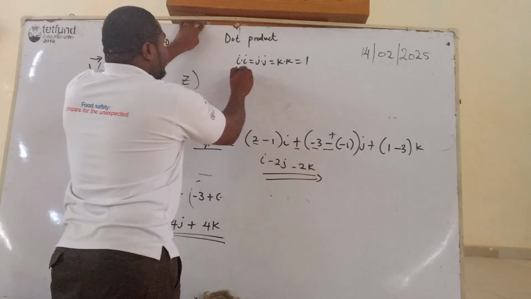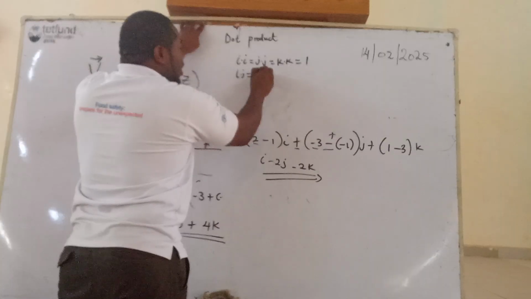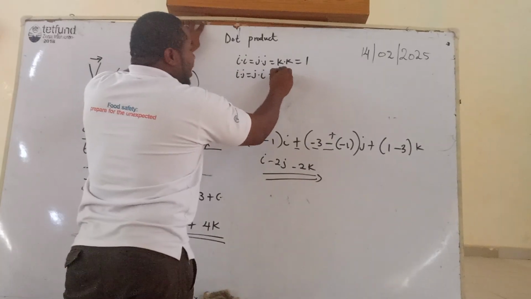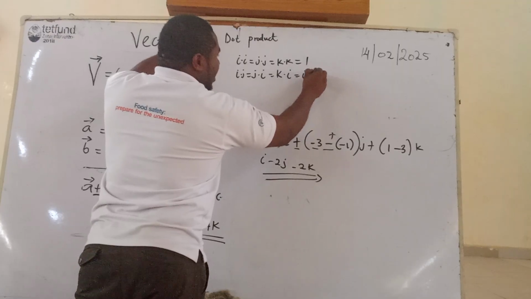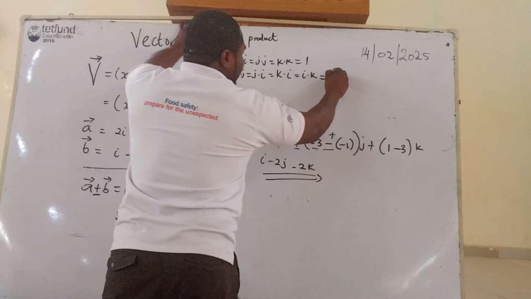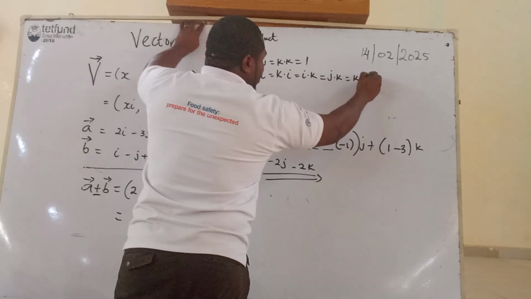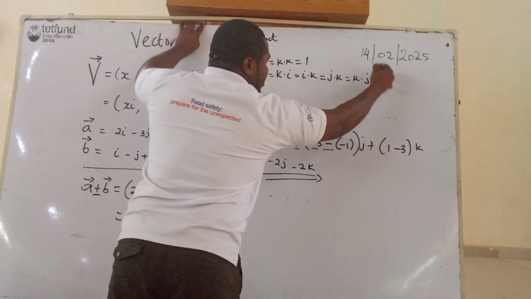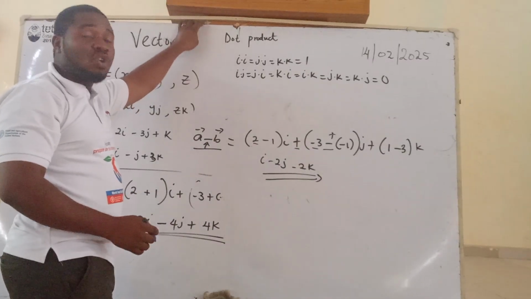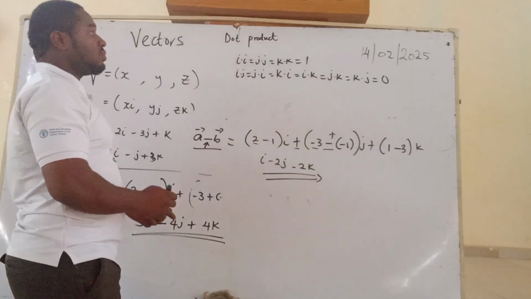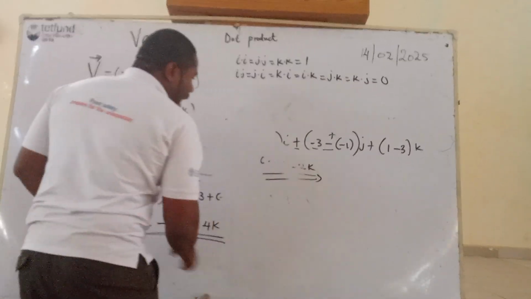It means that i dot j is the same thing as j dot i, is the same thing as k dot i, it is the same thing as i dot k, it is going to be the same thing as j dot k, it is the same thing as k dot j, it is going to be what? 0. Are we together? It's going to be what? 0.